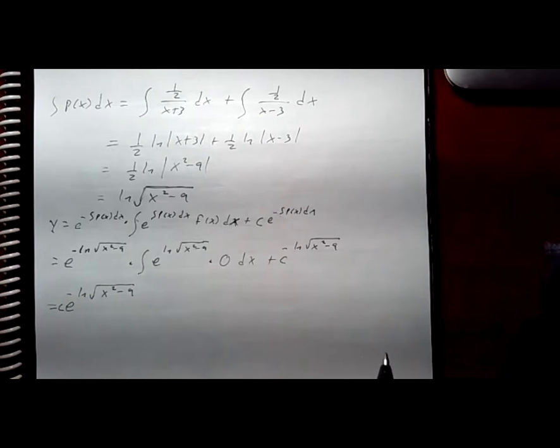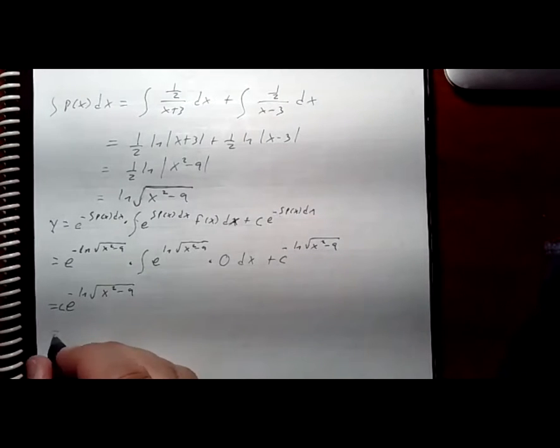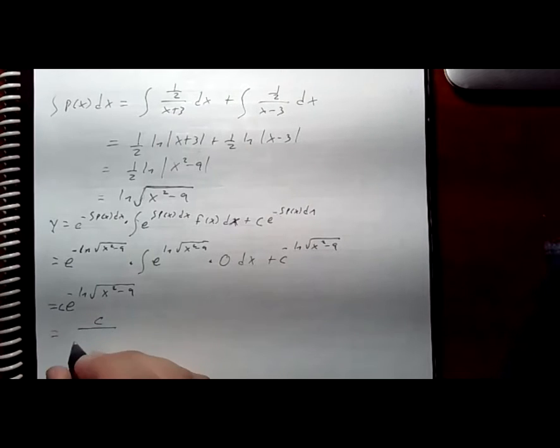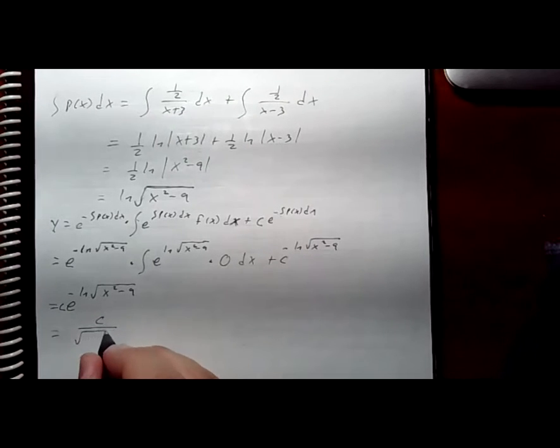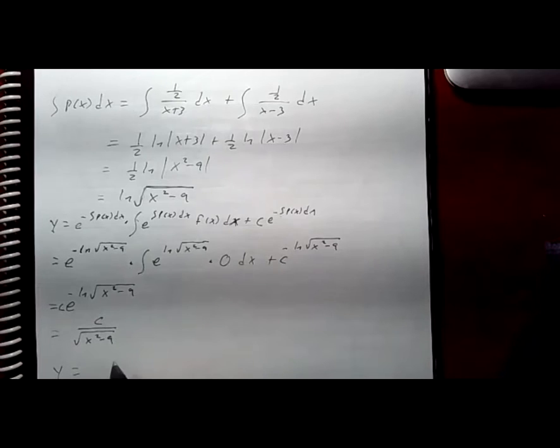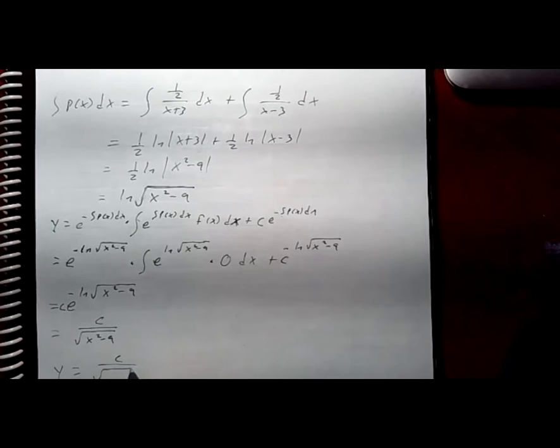There we go. That will cancel out, giving us c over the square root of x squared minus 9. So y is equal to this weirdness.